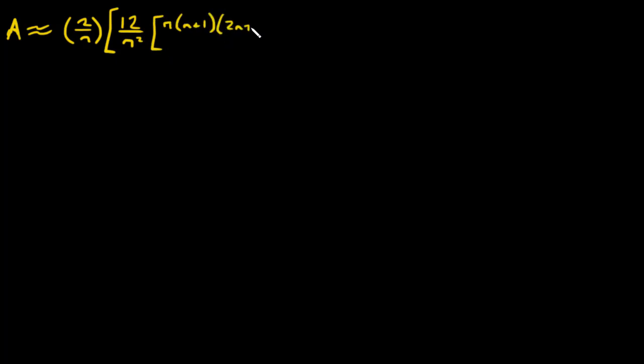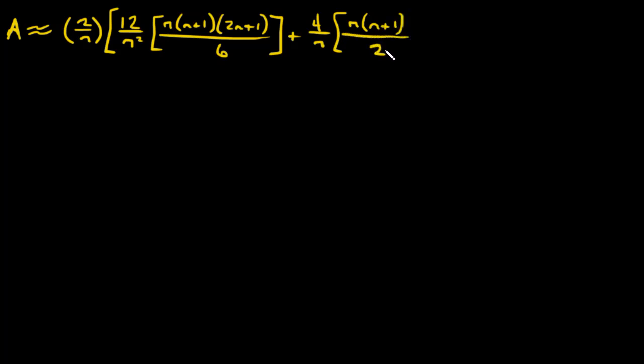I have the area is approximately 2 over n times, big bracket, 12 over n squared times n plus 1, 2n plus 1 over 6, and then plus 4 over n times n plus 1 over 2. Okay?